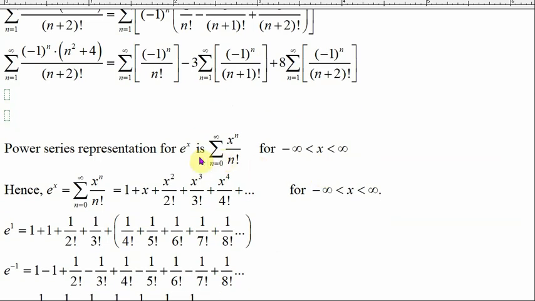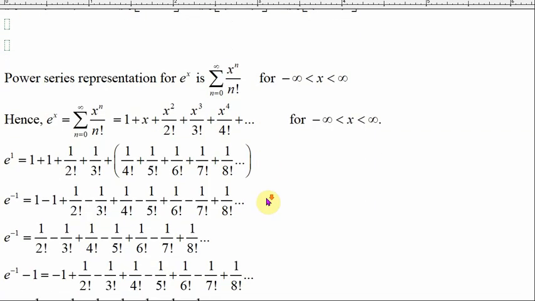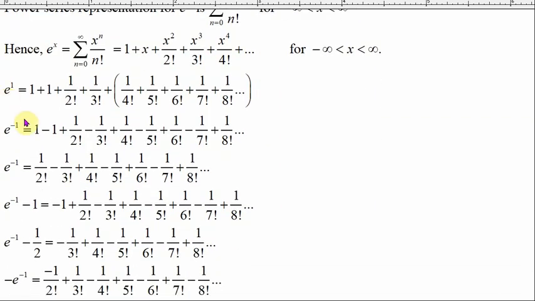Recall that the power series representation for e to the x is 1 plus x plus x squared over 2 factorial, and so on. And then if x is negative 1, then we get 1, negative 1, and then 1 over 2 factorial, minus 1 over 3 factorial, and so on. So 1 minus 1 is 0, so e to the negative 1 is this infinite sum right here.